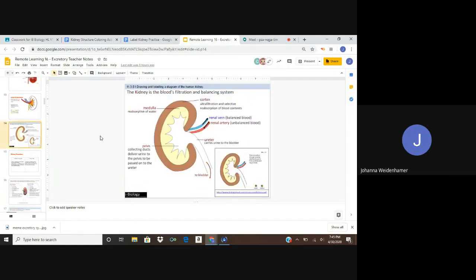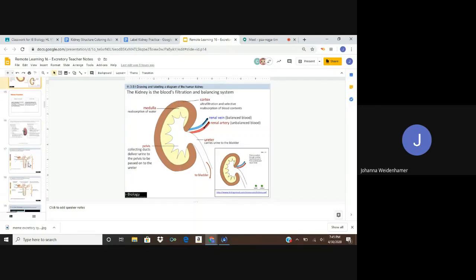You can think that it's going to be stretching out into the cortex from the medulla, so it's kind of connecting the two. That's where the nephrons are going to be within the kidney, right along this membrane, dealing with these two parts and the blood vessels that are running through.